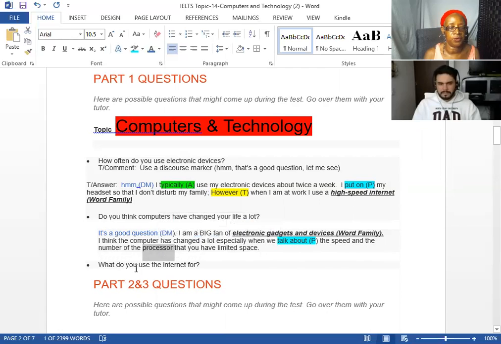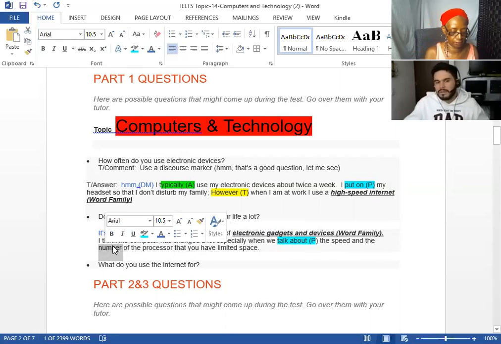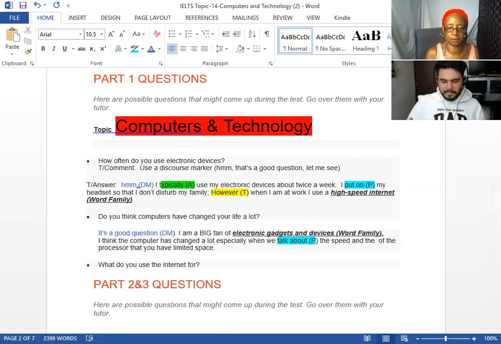This again would be a word family: the number of the processor. I'm not sure because I don't know how to say it. Would it be the number of the processor, or the amount, or the quantity?